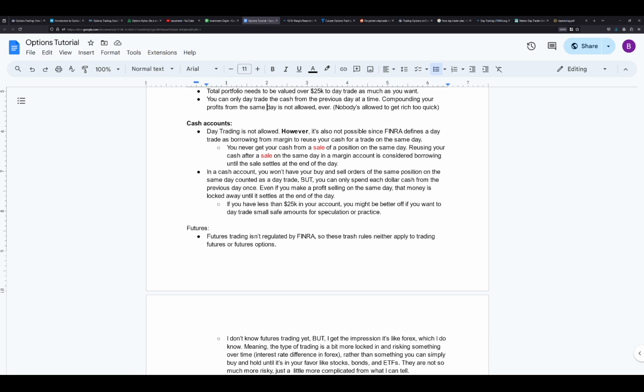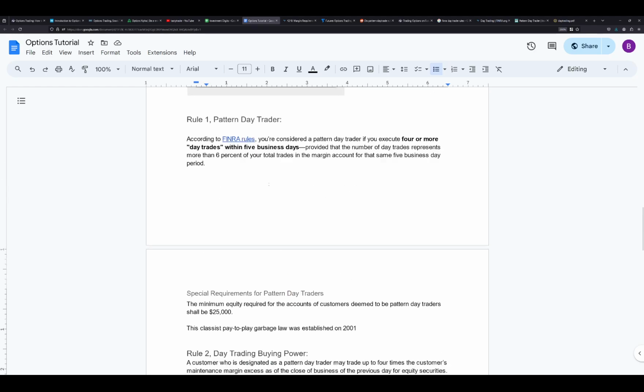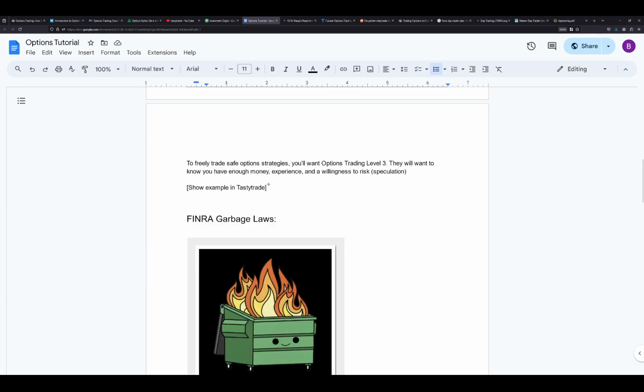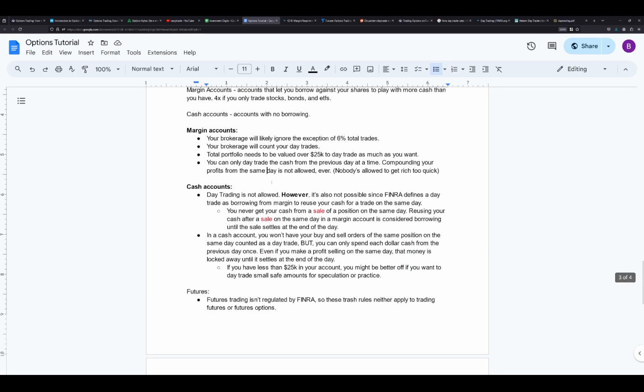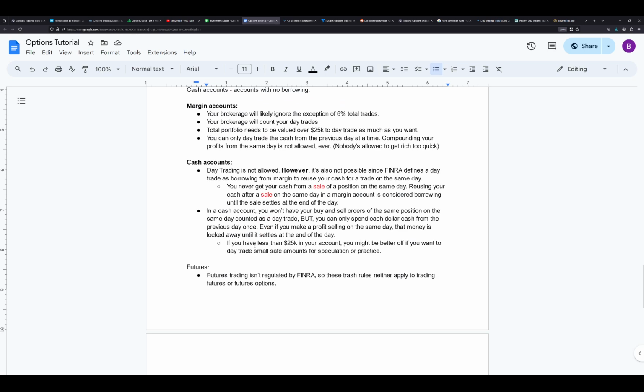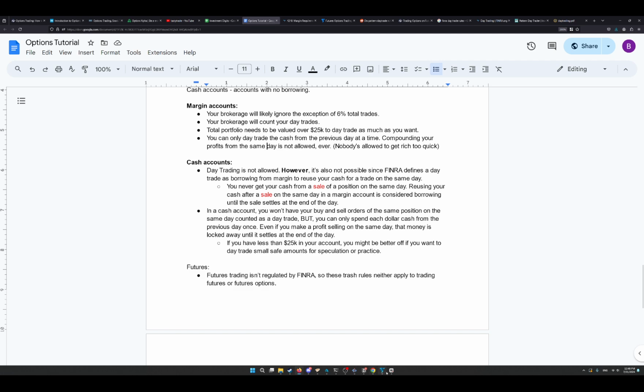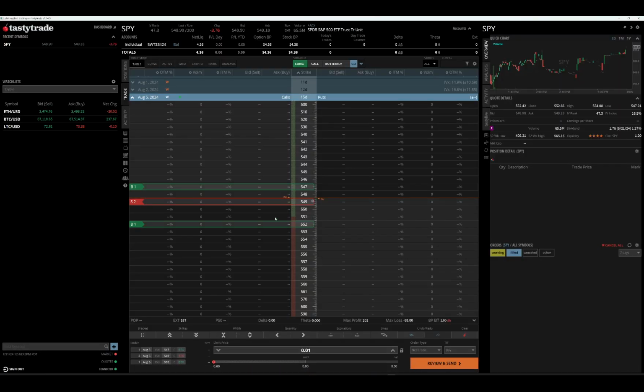But what it also does is prevent me, as a cash account, from doing spreads that are otherwise perfectly safe. You can't do these kinds of spreads because there's no margin to handle you covering the positions that you sell.